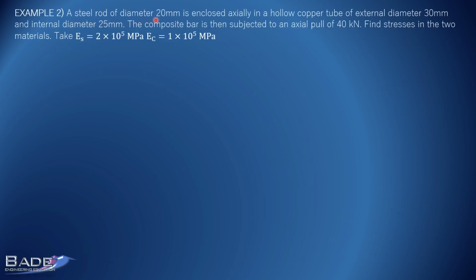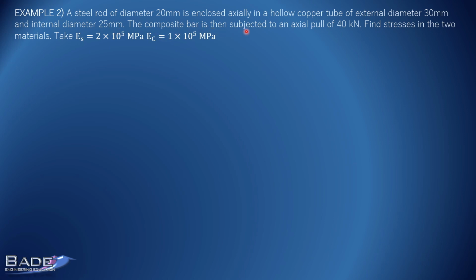A steel rod of diameter 20 mm is enclosed axially in a hollow copper tube. Outer is copper and inner material is steel. Hollow copper tube of external diameter 30 mm and internal diameter 25 mm.